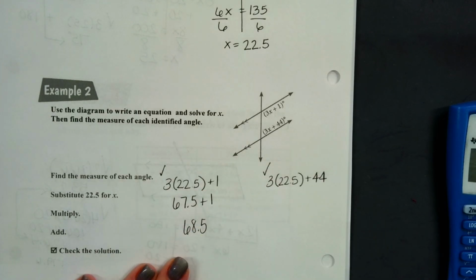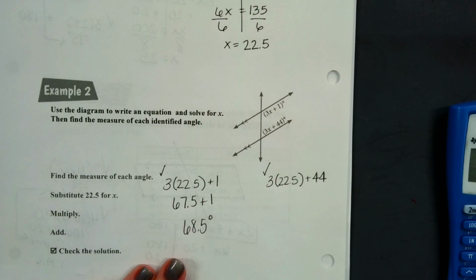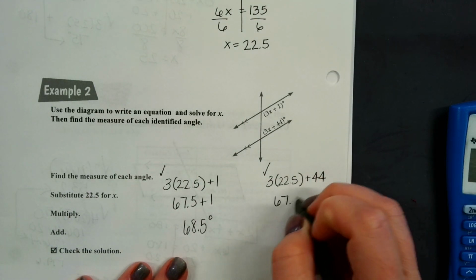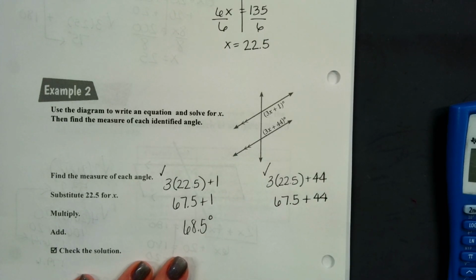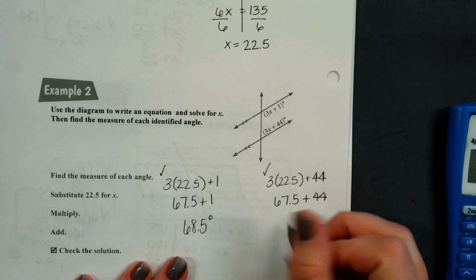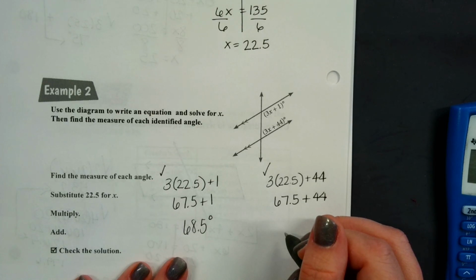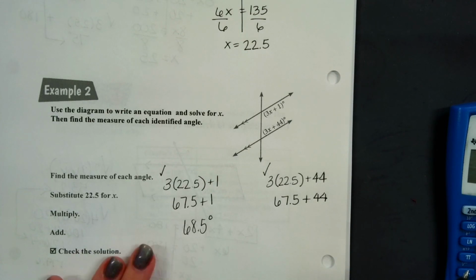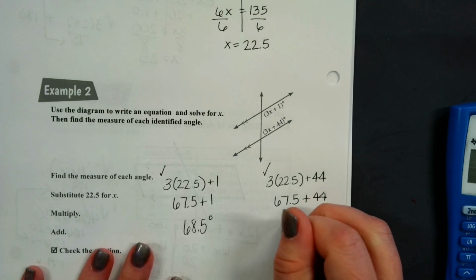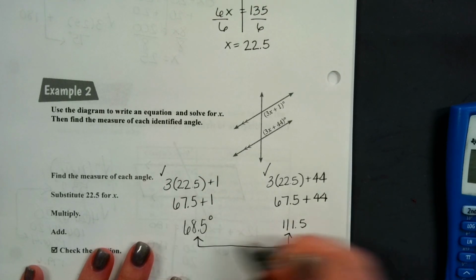And what kind of label do I need? Degrees. All right, I get 67.5 here plus 44. What do you get? 111.5.